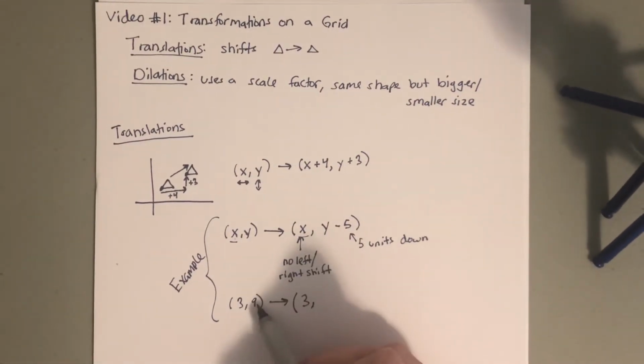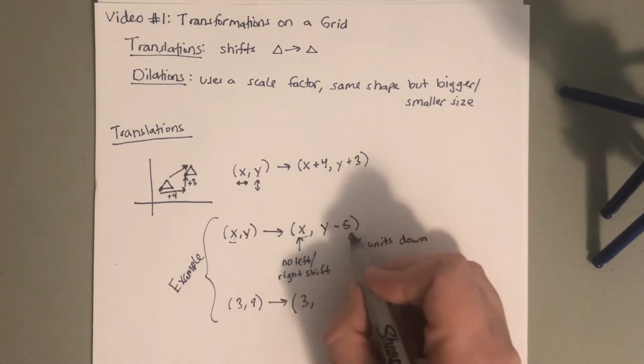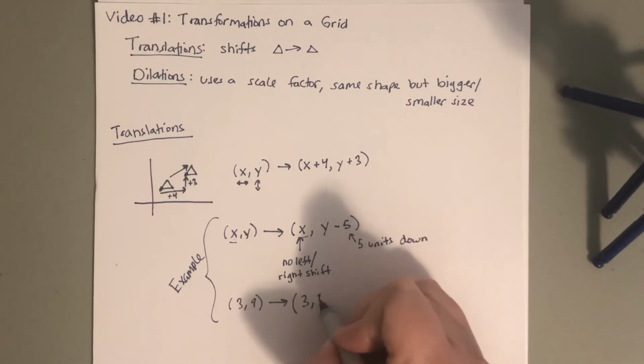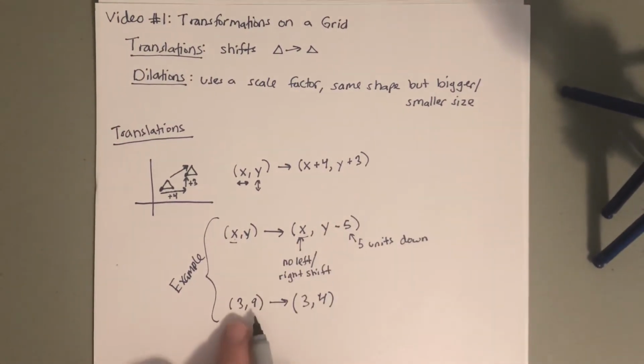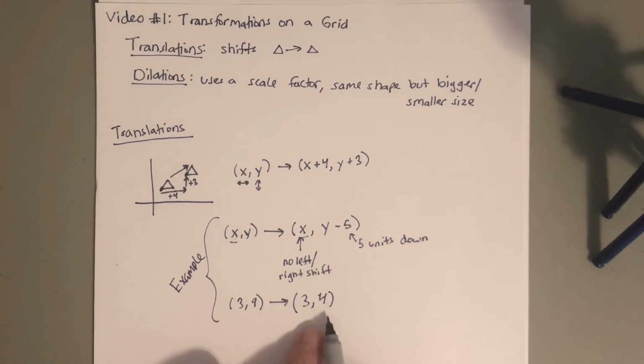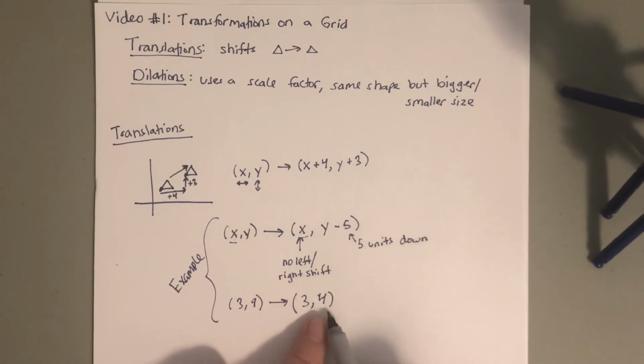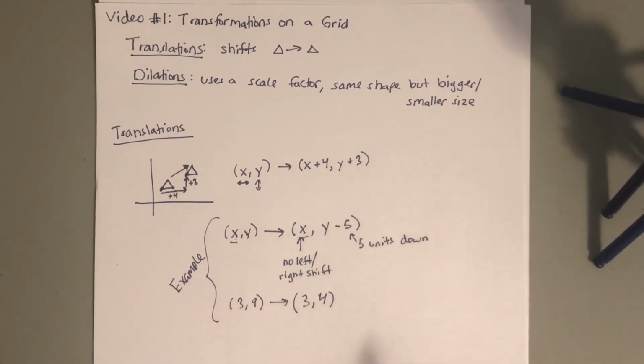The 9, however, is not a 9 anymore because it moved 5 units down. So the 9, if we take that 5 units down, now it is at 4. So according to this translation, this ordered pair moved there. It didn't shift left or right at all, but it moved 5 units down from 9 down to 4.